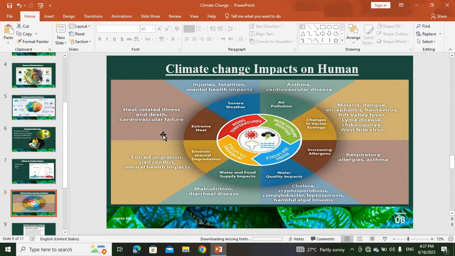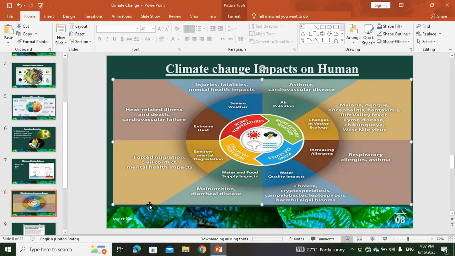For example, extreme heat causes heat-related illness and death, cardiovascular failure, and environmental degradation causes forced migration, civil conflicts, mental health impact. The water and food supply impact causes malnutrition and diarrhea disease, actually happening due to polluted water, or food poisoning also occurs.